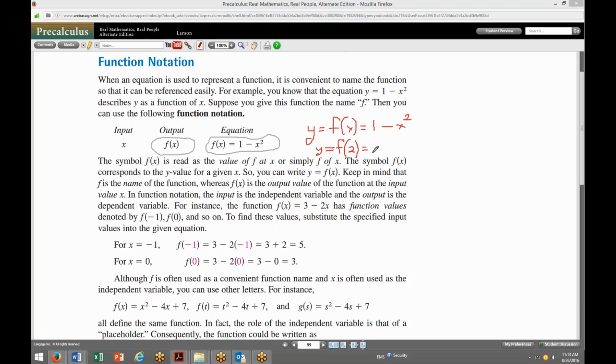What's the output of this function when x is specifically equal to 2? 1 minus 2 squared is just 1 minus 4. So y is equal to negative 3 when x is 2, and it's also absolutely accurate to say f of 2 for this particular function f is equal to negative 3.